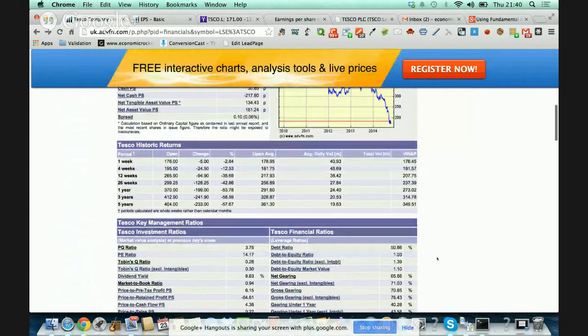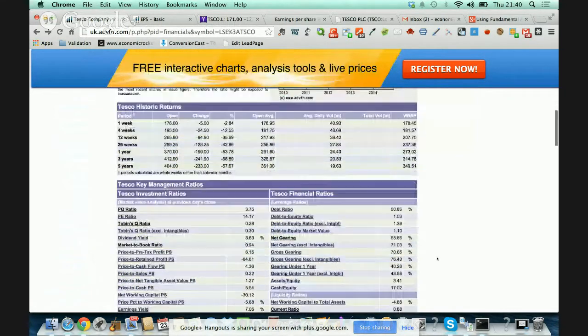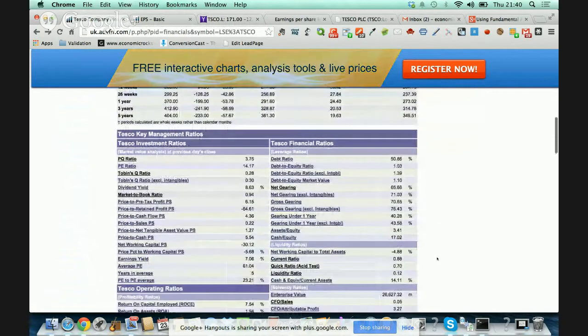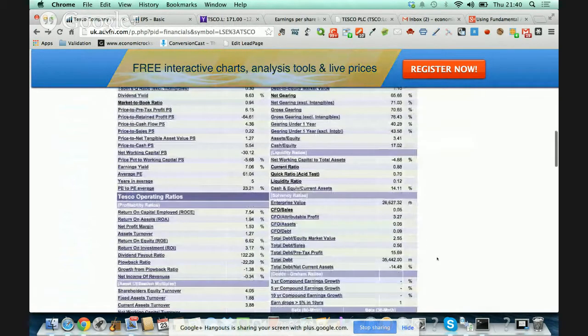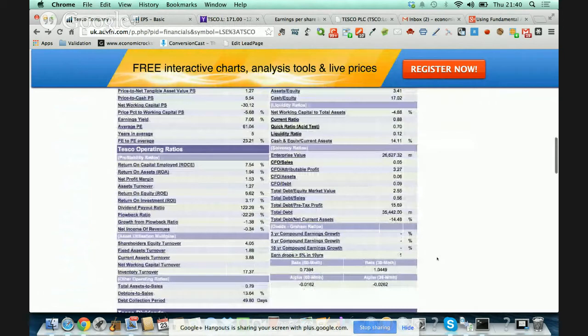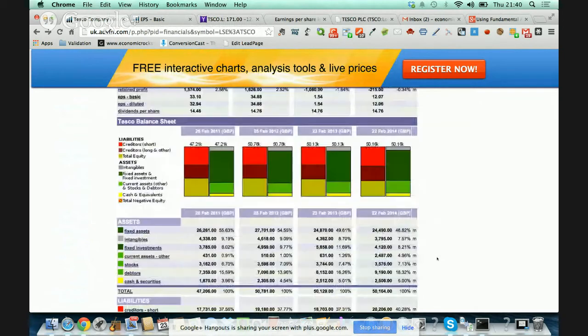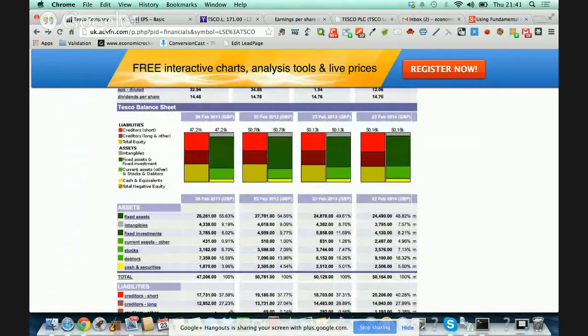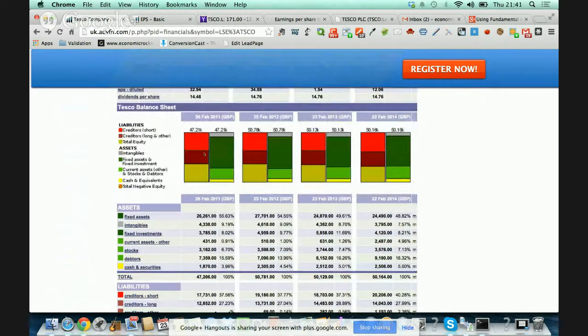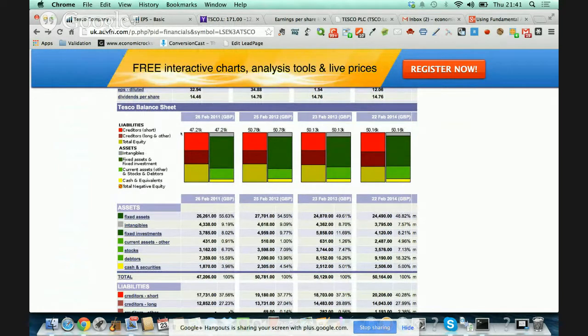I want to see what its debt looks like actually. There have been marginal increases in the creditors, the liabilities that it has.